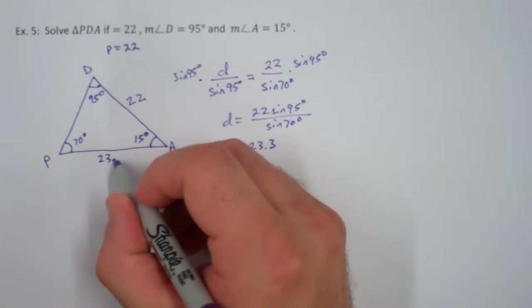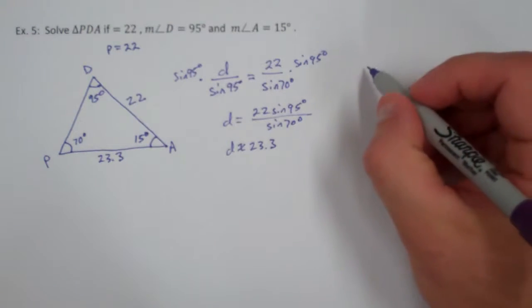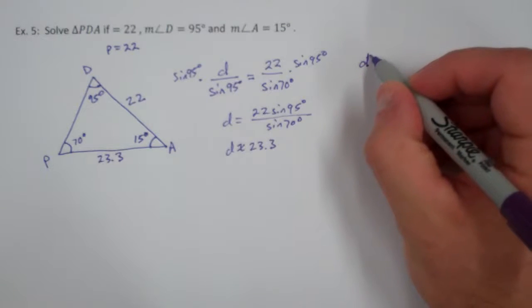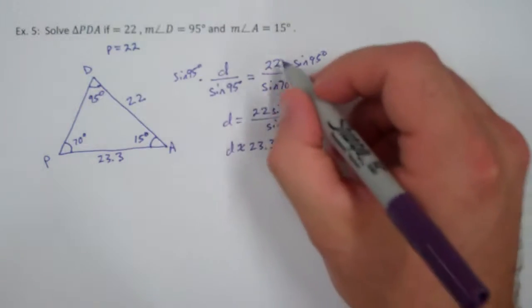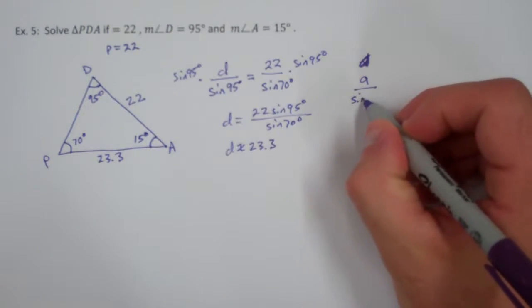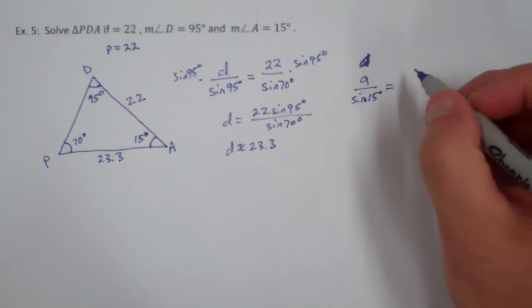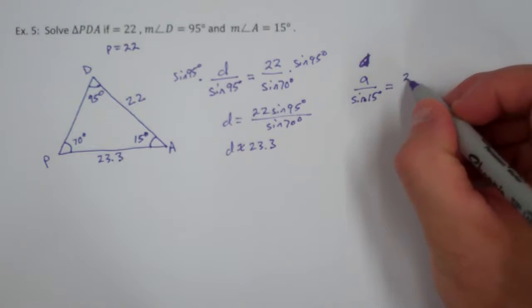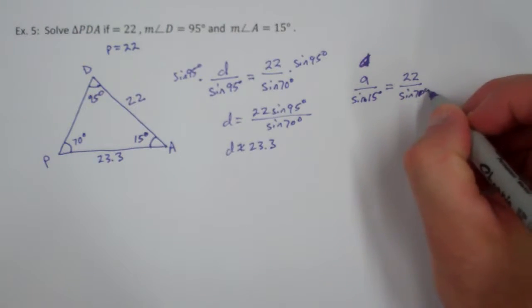The only other missing side we have is going to be off of angle A. So I want you to see how similar this is with this original proportion that we wrote over here. So this is A over sine of 15 degrees, and that's going to be equal to 22 over the sine of 70. Oops, that's a 70.